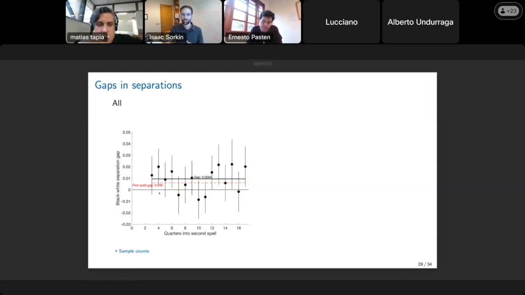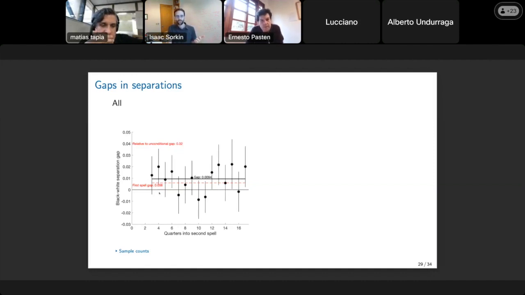And this is what it looks like in the second spell. Black workers are almost 1 percentage point more likely to separate than white workers. Again, this is noisy. One way of thinking about this is relative to the unconditional gap we saw in the first spell. This is about a third of the unconditional gap.